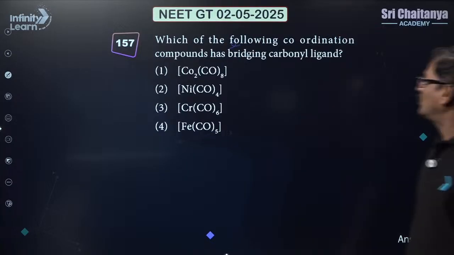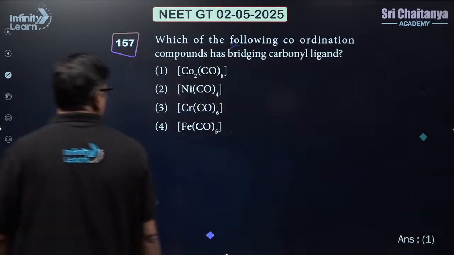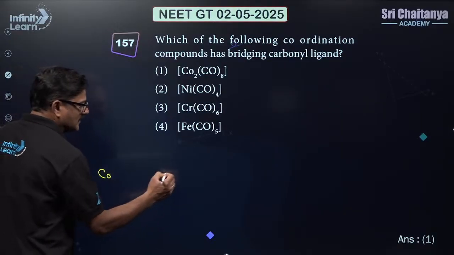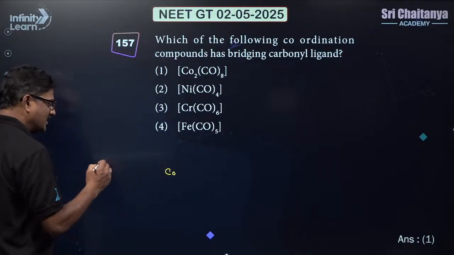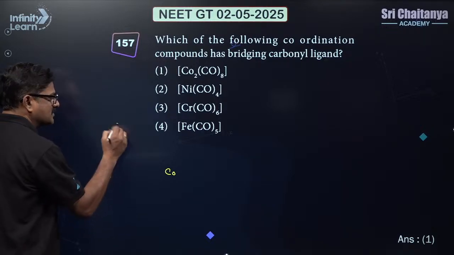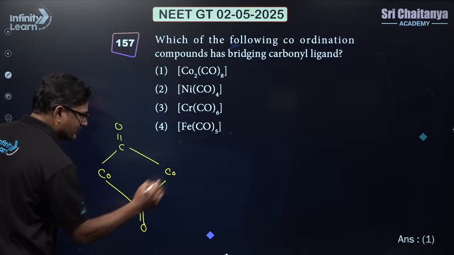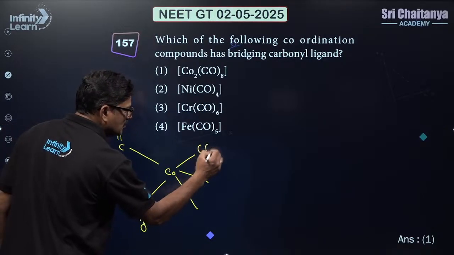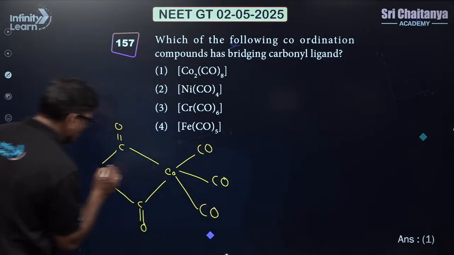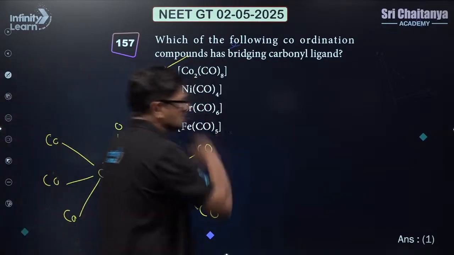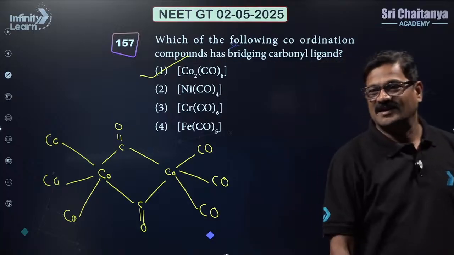And which of the following coordination compounds has bridged carbonyls? Carbon monoxide, cobalt, it is linked with carbon monoxide. It has a bridged carbonyl system, with CO and CO bridging, and it is going to be Co2(CO)8, dicobalt octacarbonyl. The first option is the correct answer.